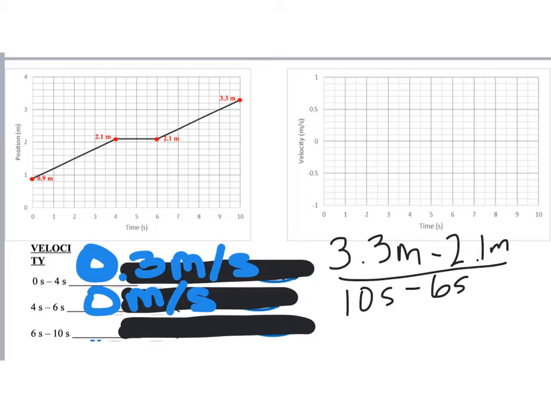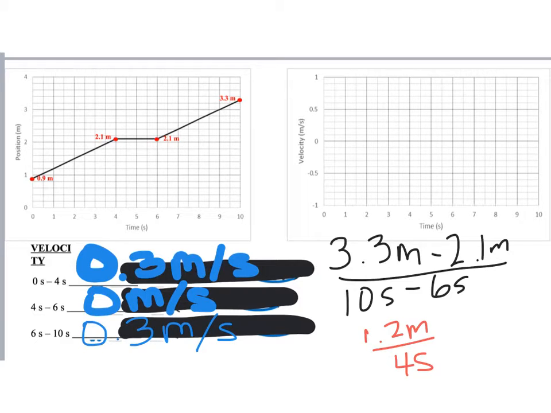And when you do that, it gives you 1.2 meters divided by 4 seconds. When you put that in your calculator, you get, just like for the first part, 0.3 meters per second.